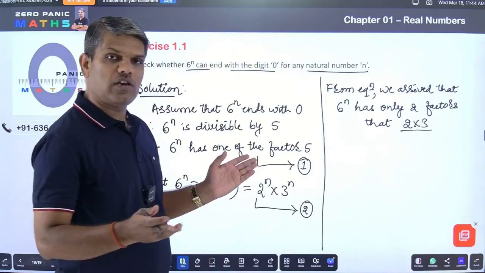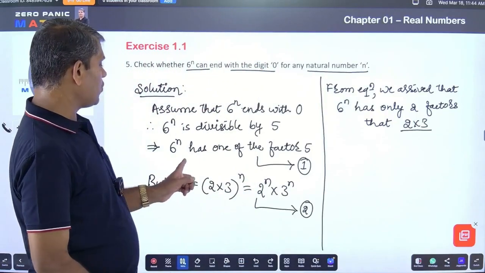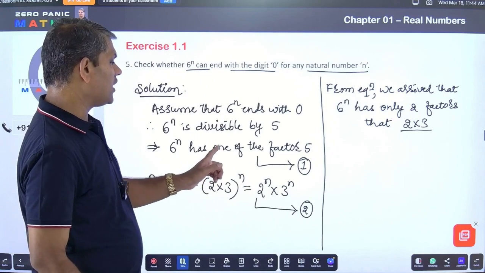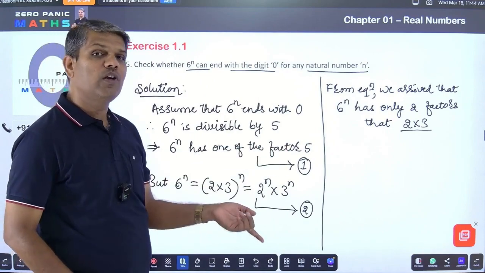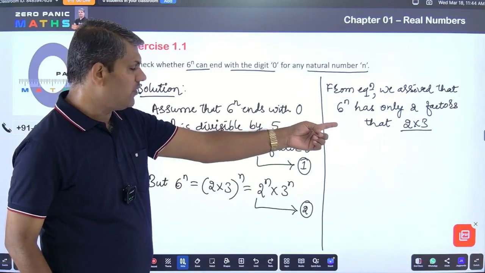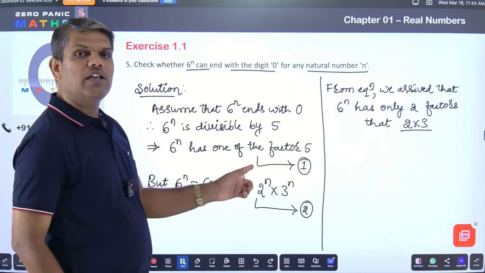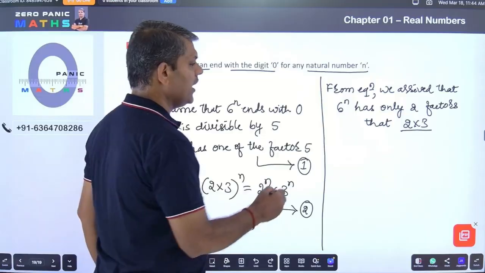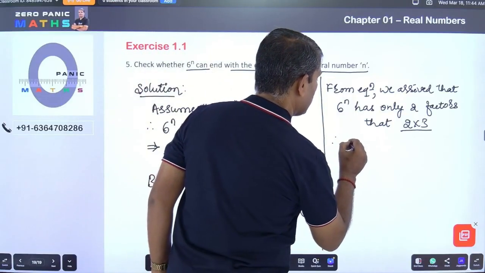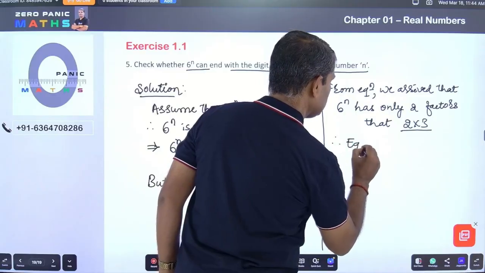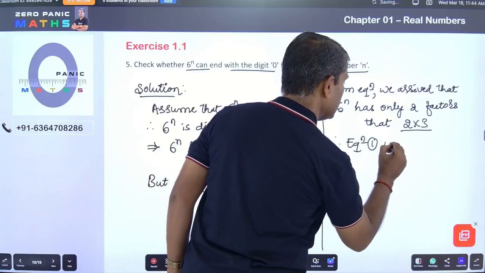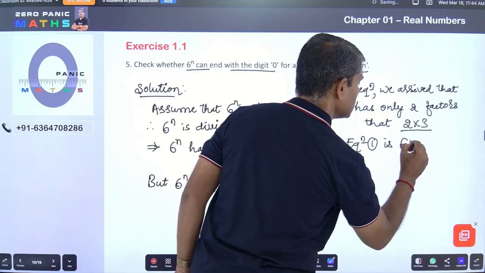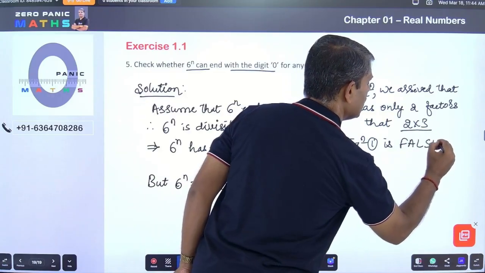There is no other factor. But what equation 1 says is 6 to the power of n has one of the factors as 5 also. So since we have achieved this contradiction, equation 1 is false.